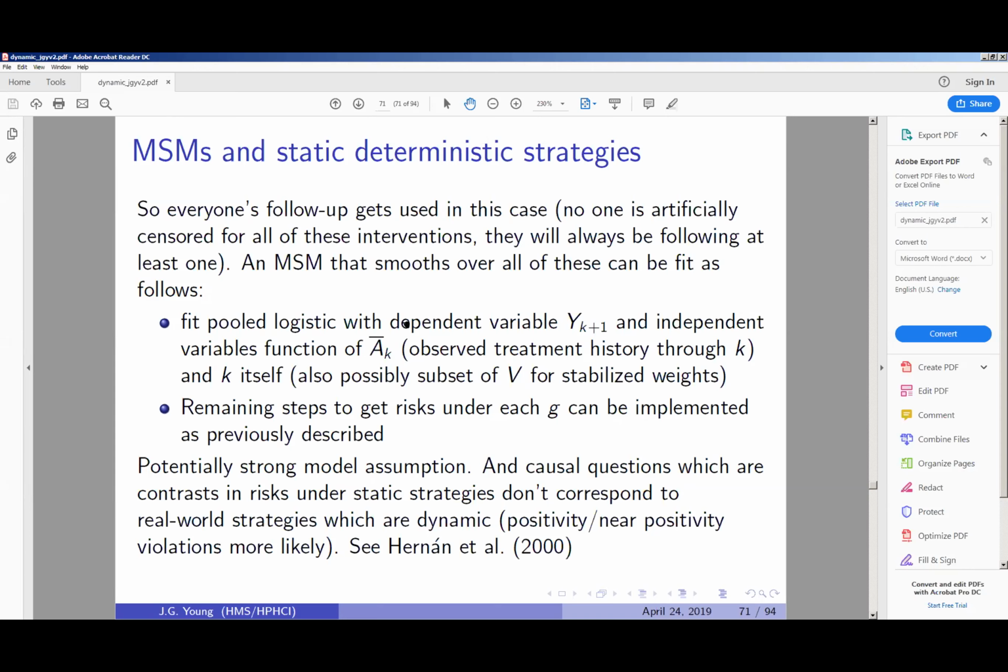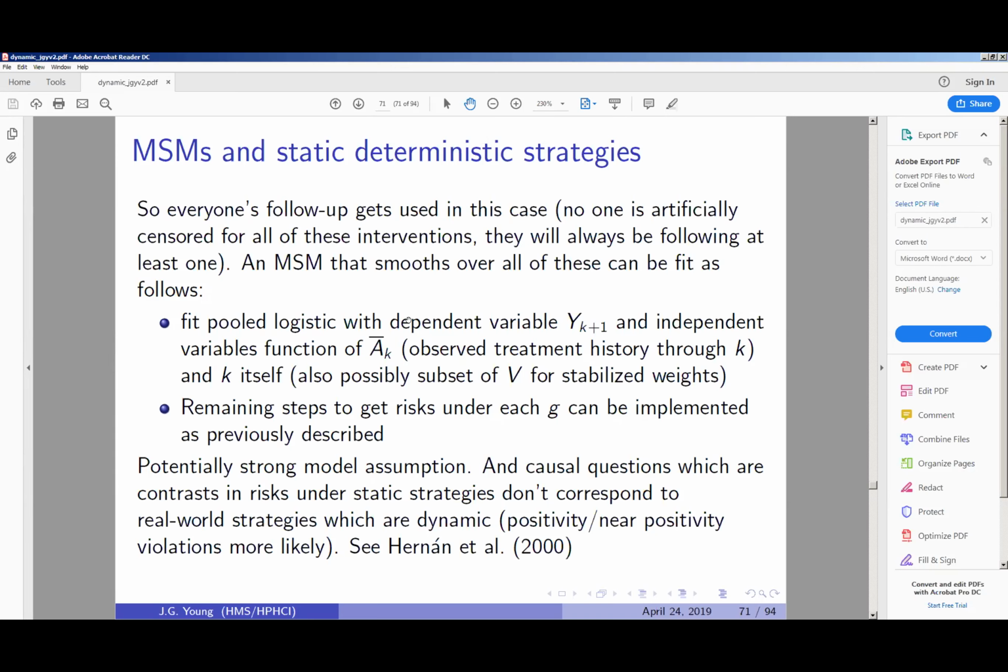All people who have the pattern A bar 3 of all zeros are going to be contributing to an implicit copy, to a copy that is a strategy that involves no treatment through time 3. So the fact that we don't make a separate copy for every possible static strategy, where you could have no treatment through time 3, is just an issue of precision.